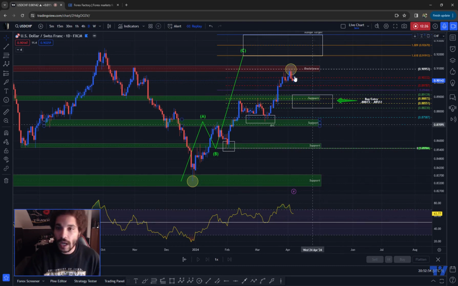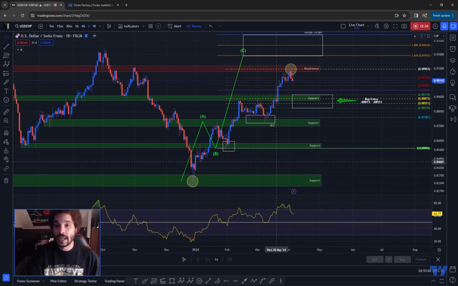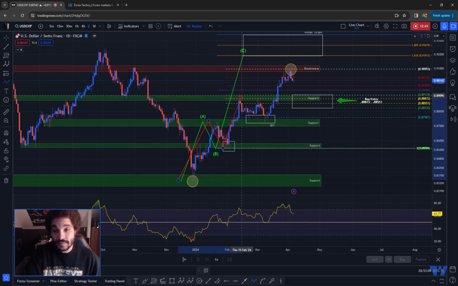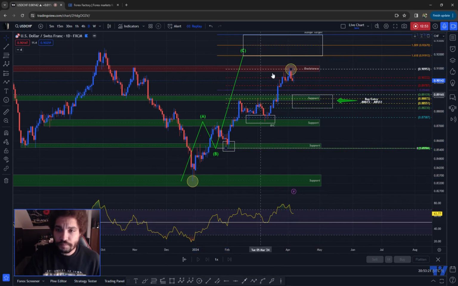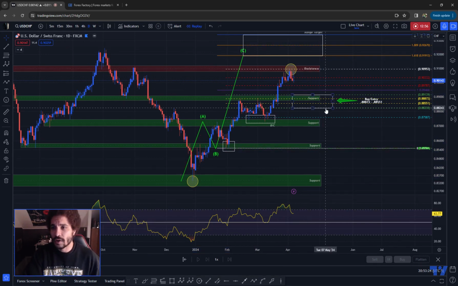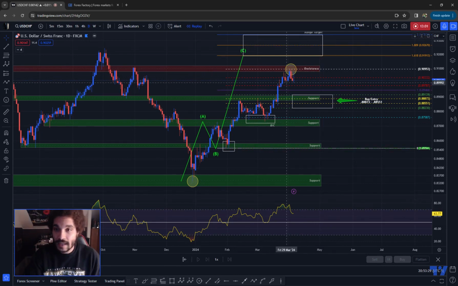So I want to see price come down to retrace one last time, giving us, I guess you would call this a zigzag, a double zigzag corrective move. But we'll see. That's my game plan. Our current high at 90.95, I want to see stay intact.